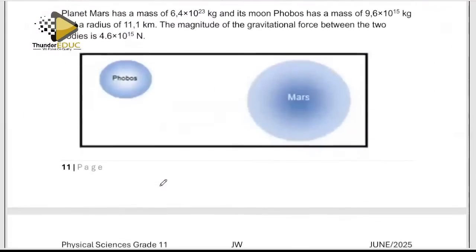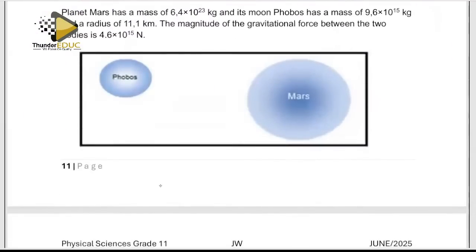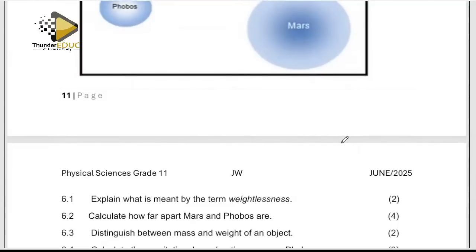Then question 6, planet Mars has a mass of this much and its moon Phobos has a mass of this much. And then there's a radius of 11,1 kilometer. The magnitude of the gravitational force between the two is given as such. Explain what is meant by weightlessness.